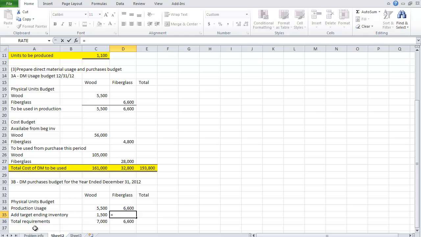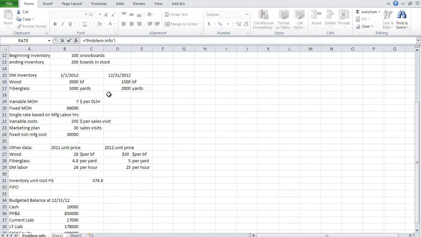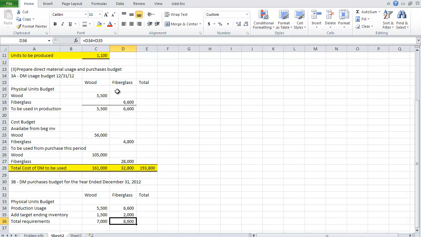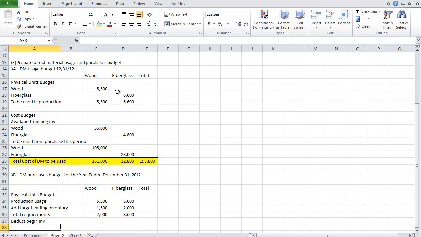Again, I'm going to get that from the problem information. Fiberglass is 2,000, so that's where I will pick that up. And then from here, those are the total requirements. We need to deduct what we have already in beginning inventory, and that'll tell me my purchases, how much I need to actually get.